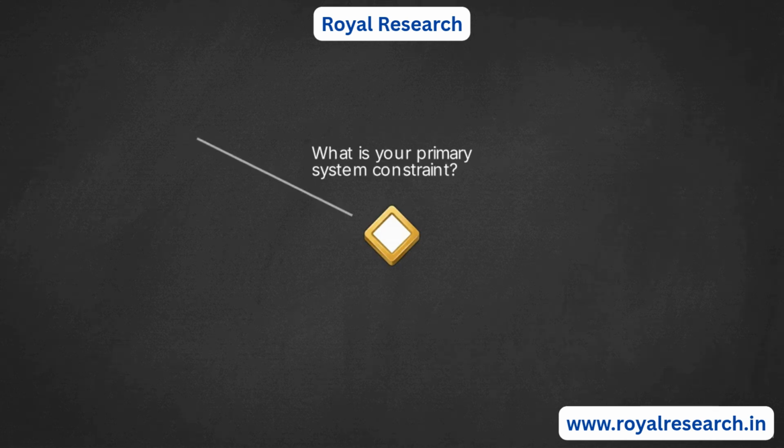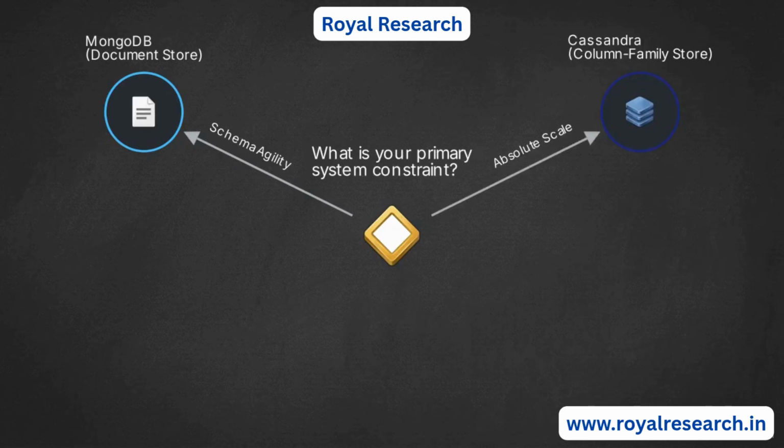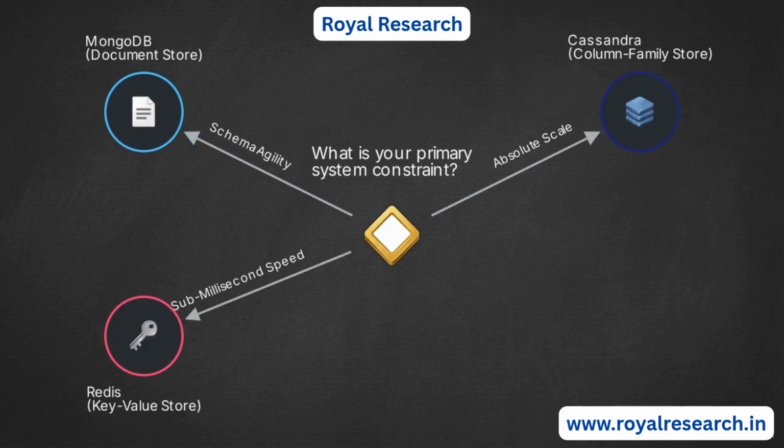For the agility-seeking developer who needs to build rapidly evolving applications with varied data types, the path leads to MongoDB. For the enterprise architect who requires massive scale and extreme multi-region fault tolerance, the path leads to Cassandra. For the performance optimizer, demanding immediate data retrieval and real-time processing, the path leads to Redis.